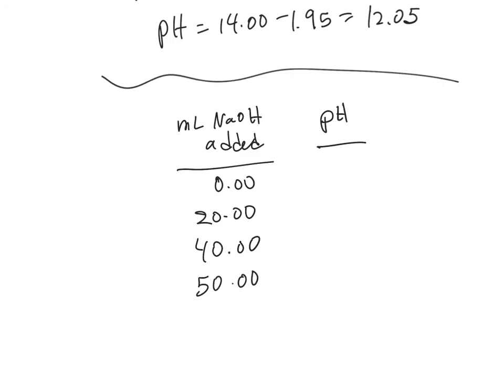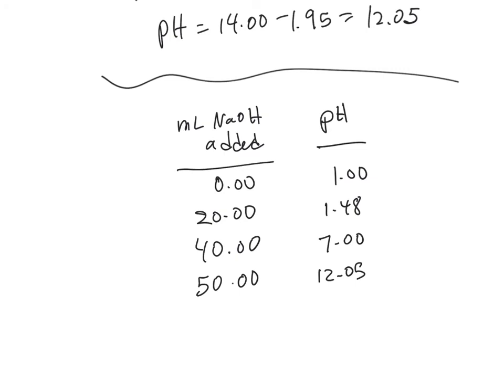The pH was, let's see, this was 1. At 20 mils, it was 1.48, so not a big change. At the equivalence point, it's 7. And then past the equivalence point with 50 milliliters, it's 12.04. So huge differences there. 5, sorry. I had 4 from another calculation.